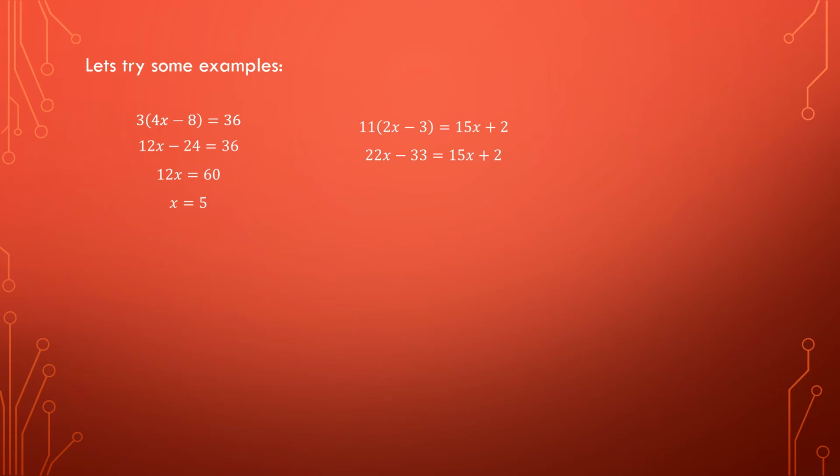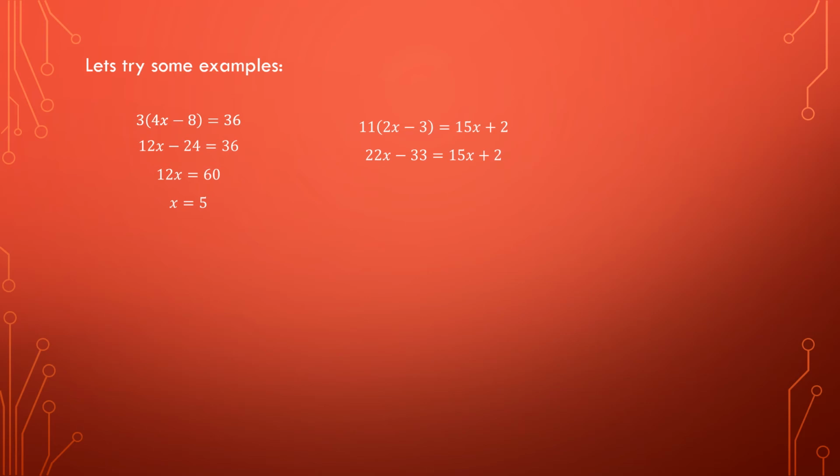What I want to do though is get it so that I've only got the variable on the left, my lettery bit on the left, and my constant, my number bit, on the right. So I'm going to subtract 15x from both sides. Okay, so 22x minus 15x, that's going to leave me with 7x on the left hand side.